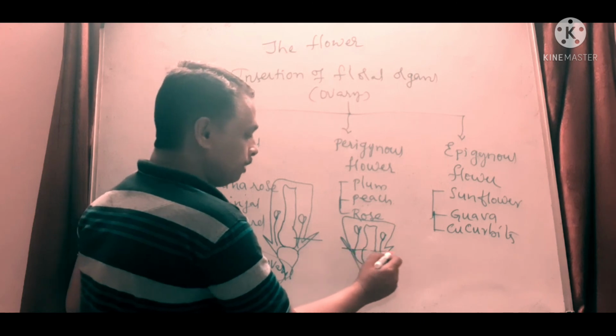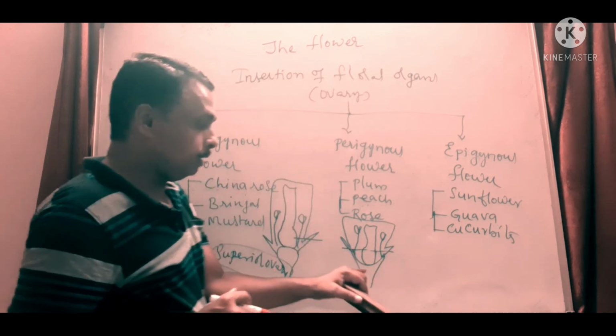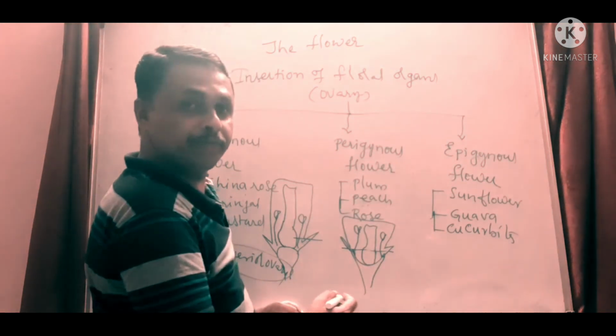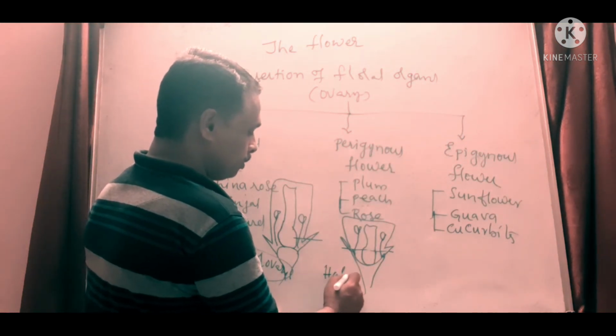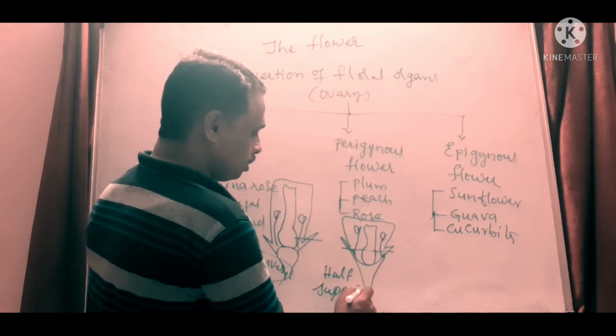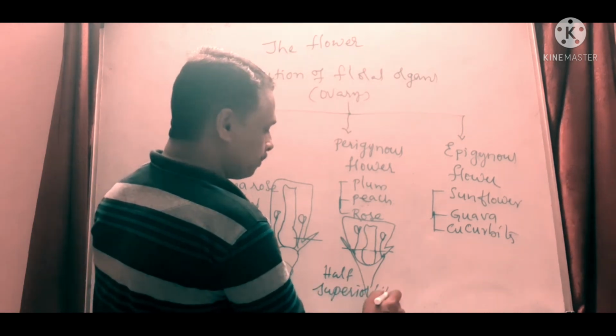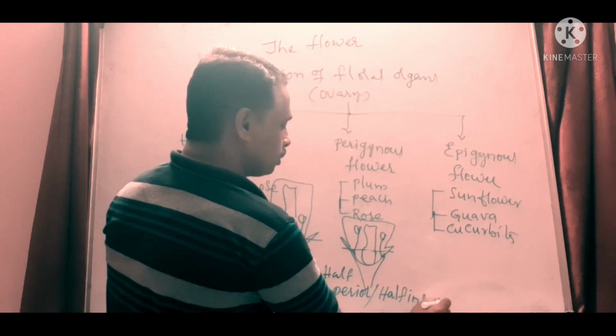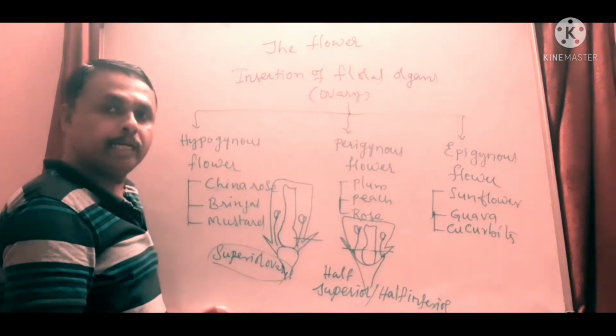When you pass the plane of division, the ovary occupies half superior or half inferior position. Such a flower is called a perigynous flower.